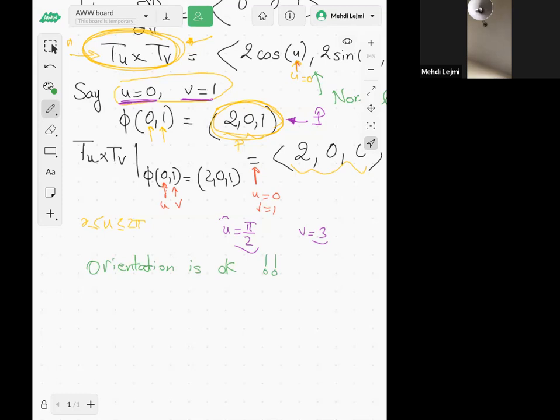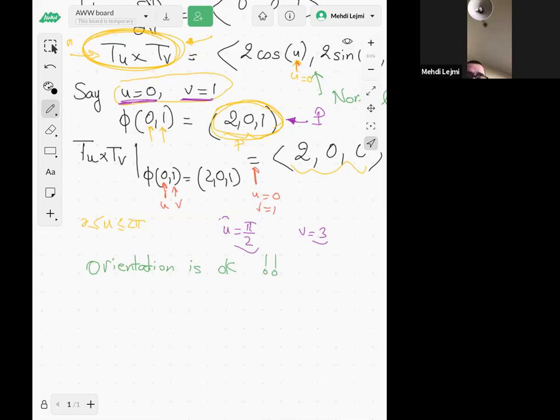Because remember, we said that for the scalar surface integral, the integral itself is independent of the orientation. It doesn't matter which orientation you take, you're going to get the same answer. But the orientation matters for the vector surface integral, not for the scalar. So in this case the orientation doesn't matter, but for the second part of the question, yes, the orientation matters.